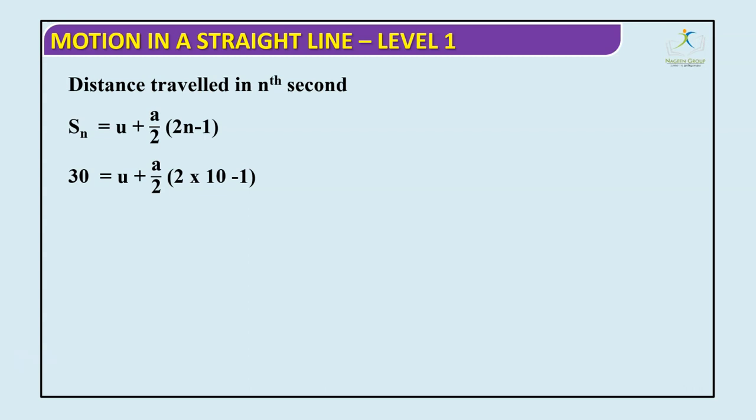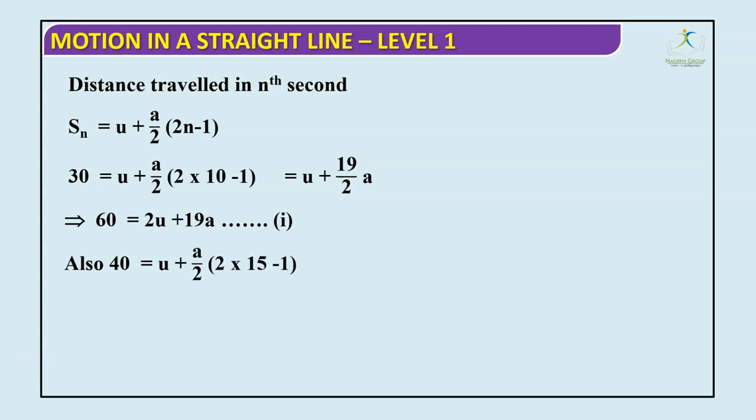So 30 is equal to u plus a by 2 into 2 times 10 minus 1. It comes u plus 19 by 2 a, that is 60 is equal to 2u plus 19a.